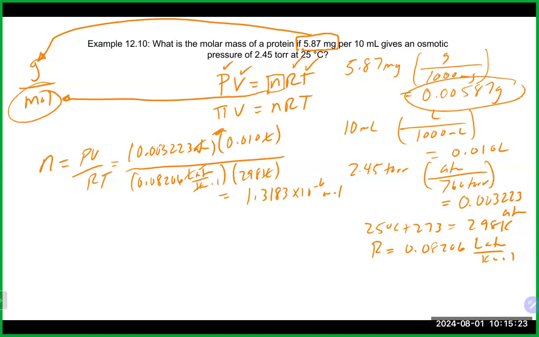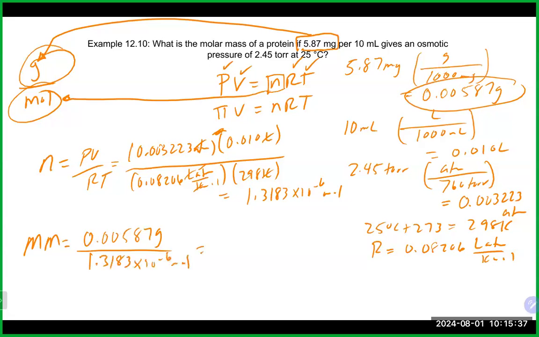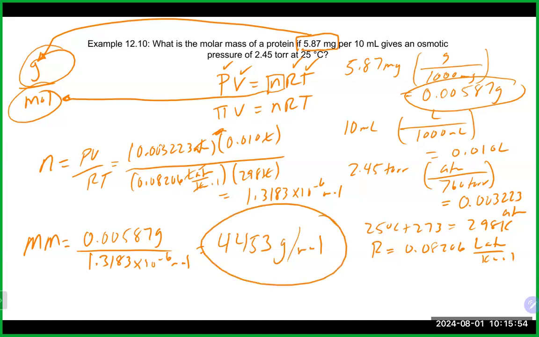We obviously have converted that to the top part. So now our molar mass is going to be 0.00587 grams divided by our moles. And that will yield us a molar mass of about 4453 grams per mole in this particular case.